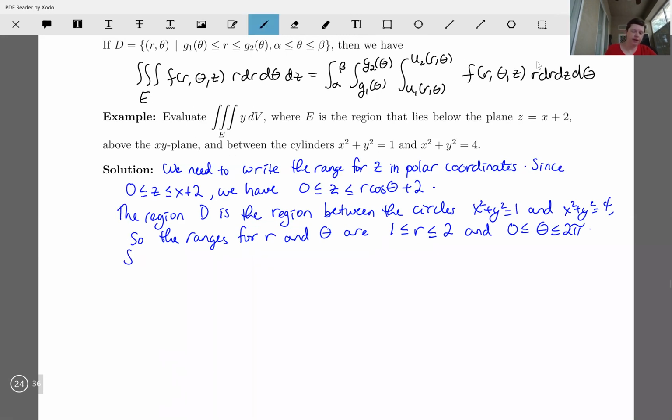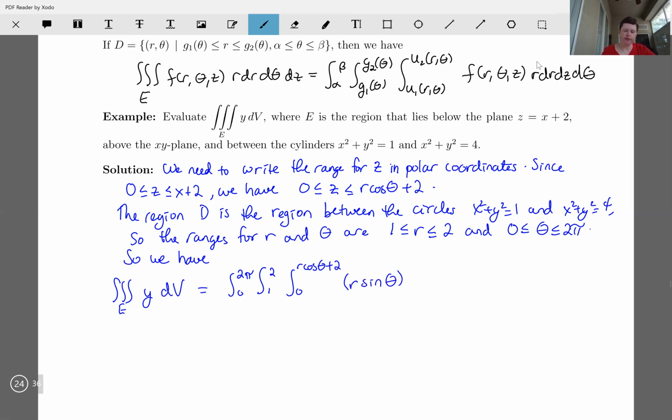So we have, and we'll also change y to its equivalent form. So we're going to have the integral from 0 to 2 pi, the integral from 1 to 2, the integral from 0 to r cosine theta plus 2 of y, which we know is r sine theta, times r dz dr d theta.